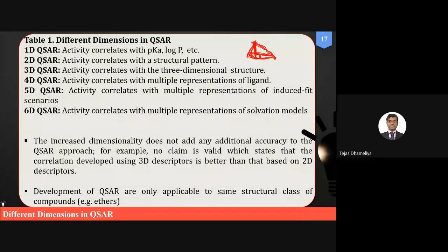So what is the meaning? The meaning is that as we move from one dimension to two dimension to three dimension, the hierarchy of the system advances. The system becomes complex. Similarly, I have discussed these dimensions 1D, 2D, 3D in general terms.